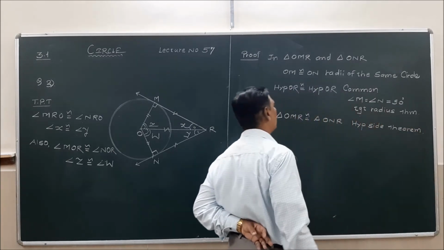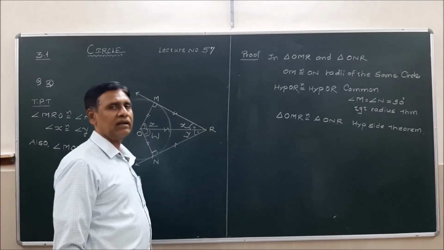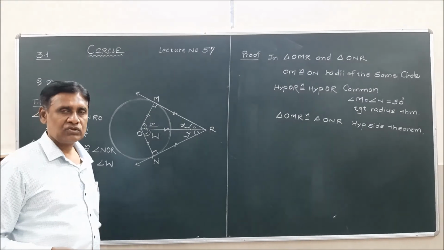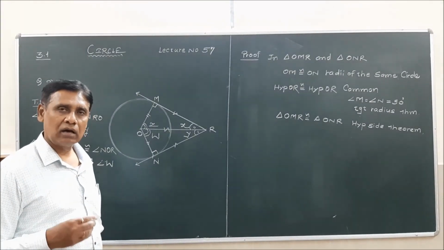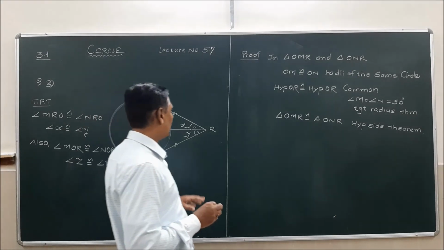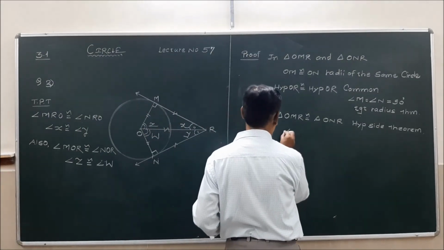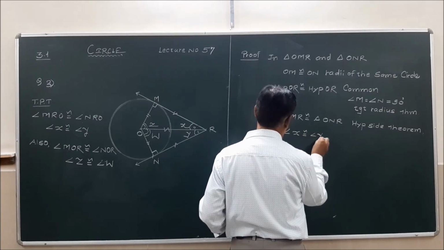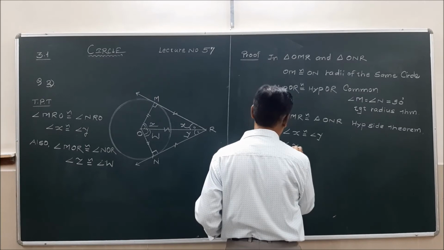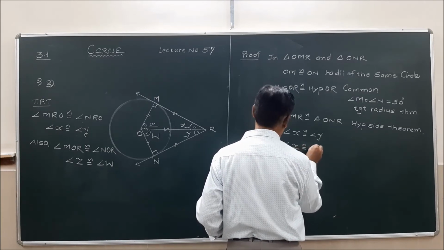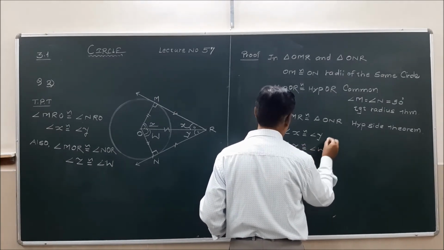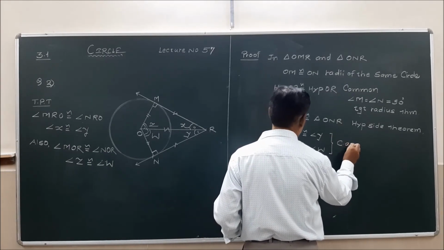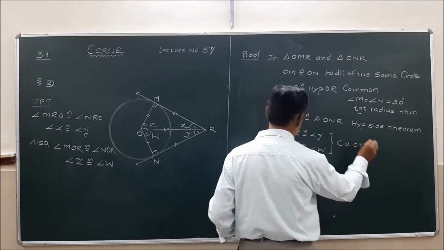Since you all know, once two triangles become congruent by any test, their corresponding angles are also congruent. Therefore, X is congruent with Y and Z is congruent with W. The reason for these two is corresponding angles of congruent triangles.